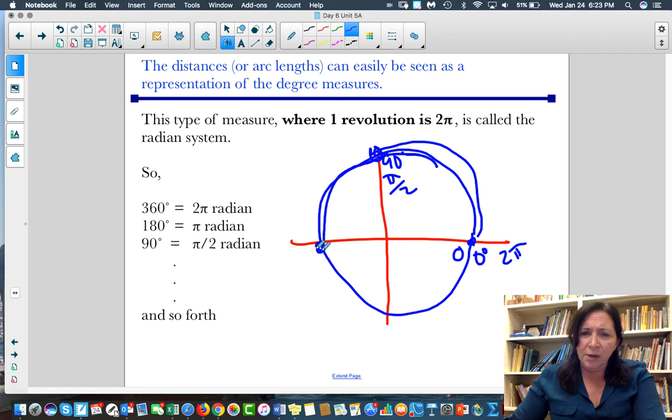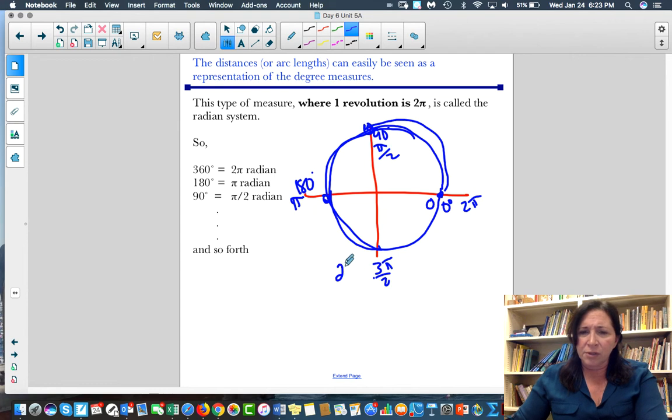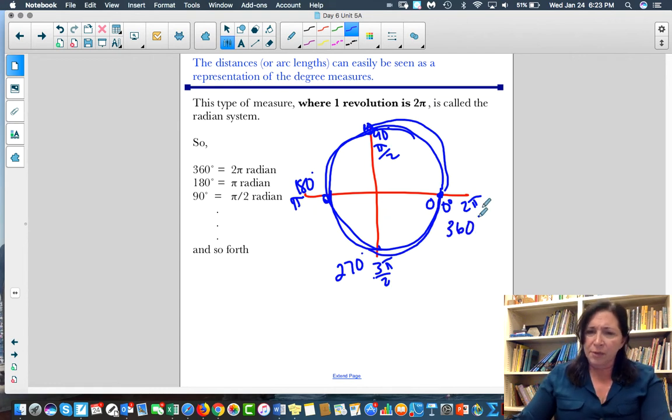Keep going. Here we are at 180 degrees. We also call that pi. Keep going. We're at 1.5. So that's 3 pi over 2. And that's also 270 degrees. And then keep going around. We're at 2 pi, or we also could call that 360 degrees and so forth.